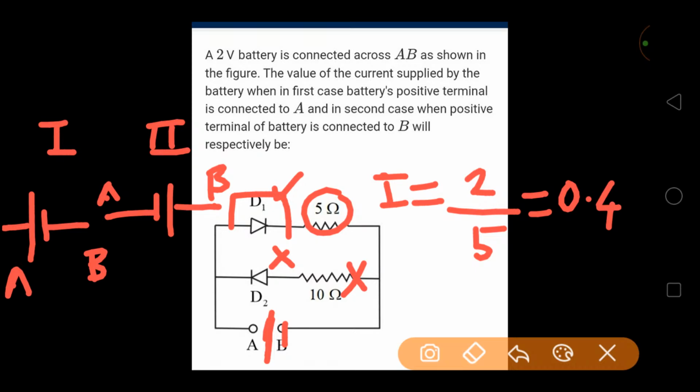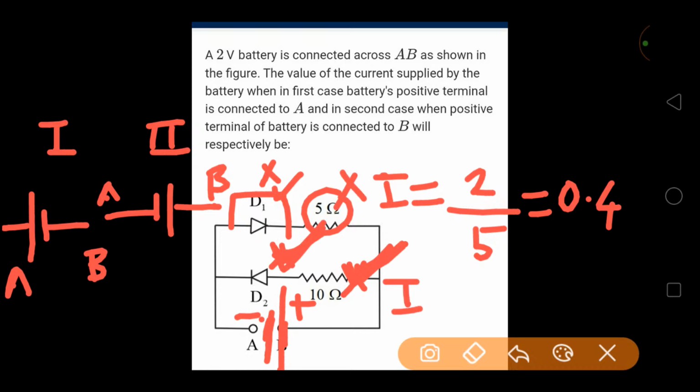In the second case, you reverse it like this. This becomes negative and this is positive. Now this diode is reverse biased and this one is forward biased. Current flows through this, and current will not flow through the 5 ohm.